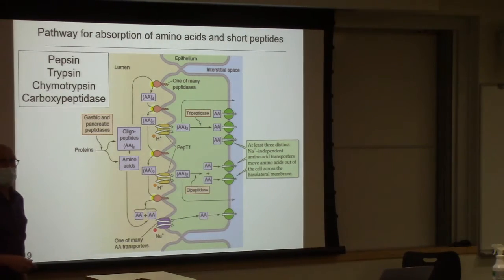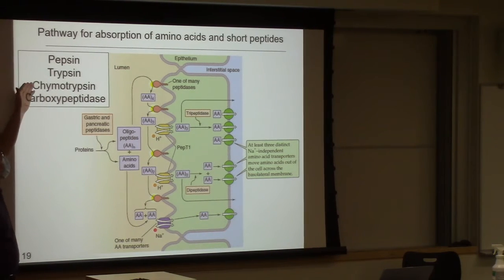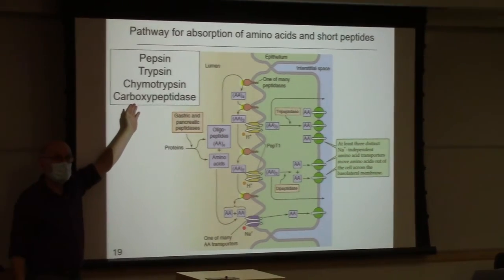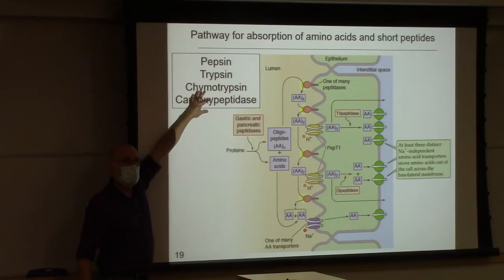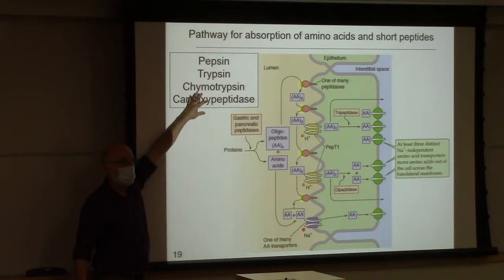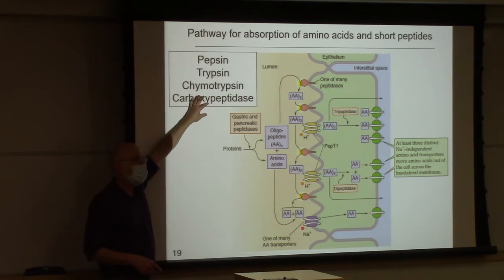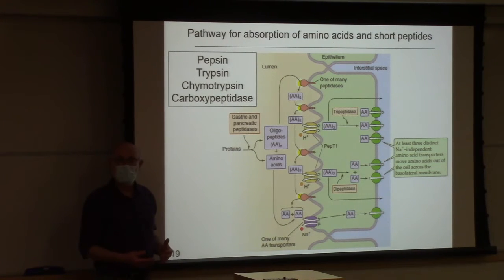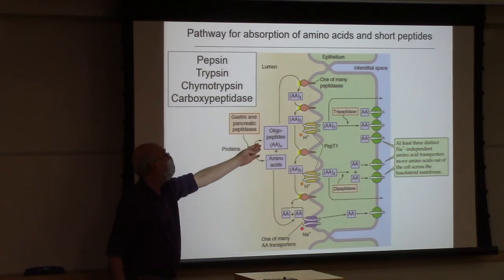The protein was hydrolyzed by pepsin in the stomach. It was hydrolyzed by trypsin, chymotrypsin, and carboxypeptidase in the small intestine. Right? These were the enzymes that the zymogens from the pancreatic acinar cells delivered, and then enterokinase got the ball rolling for conversion into these enzymes, which then digest oligopeptides into smaller oligopeptides.